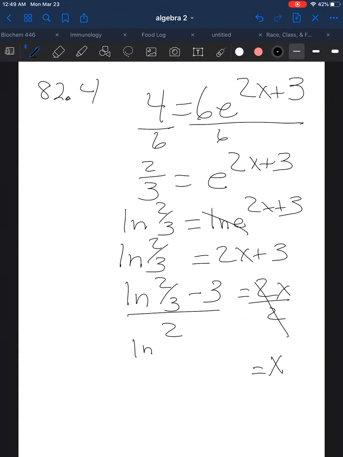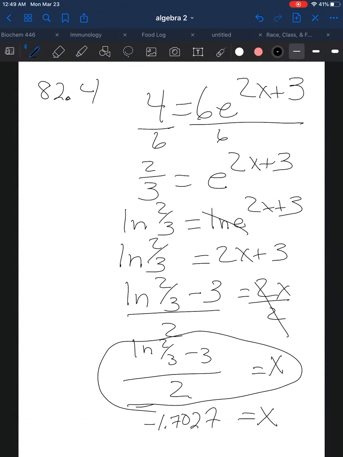So x would be equal to ln of 2/3 minus 3 divided by 2, and if you do that to get a decimal, see, ln 2 divided by 3 minus 3 divided by 2 is negative 1.7027. Again, like I said, it's fine to leave it like this. If you want to get the decimal, there it is, but make sure you do it correctly.